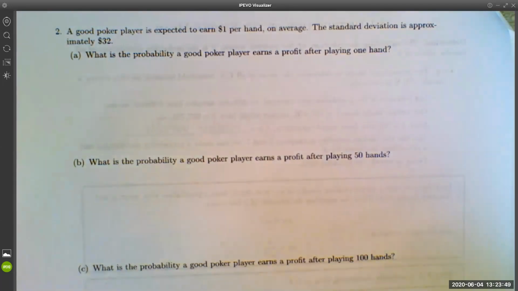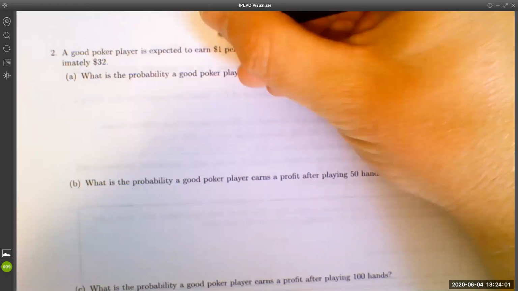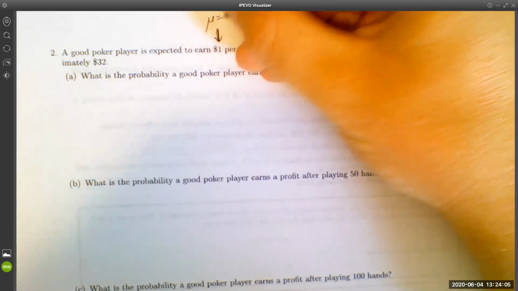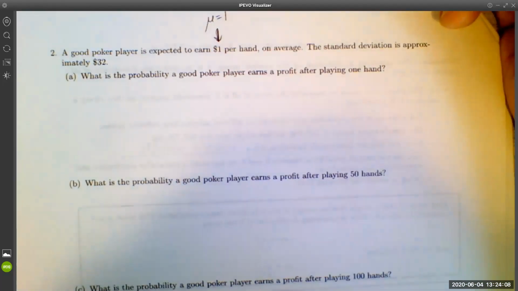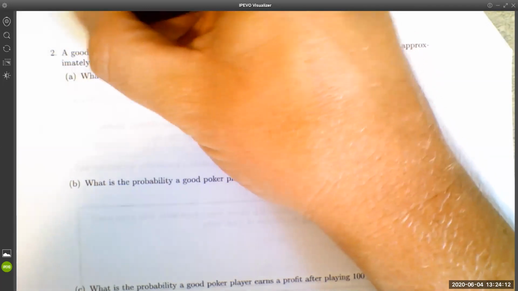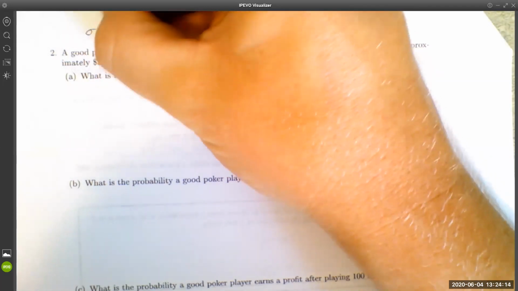Anyway, in this particular game, a good player is expected to earn $1 per hand on average. So that's our population mean, mu equals 1. And the standard deviation is approximately 32, so sigma equals 32.